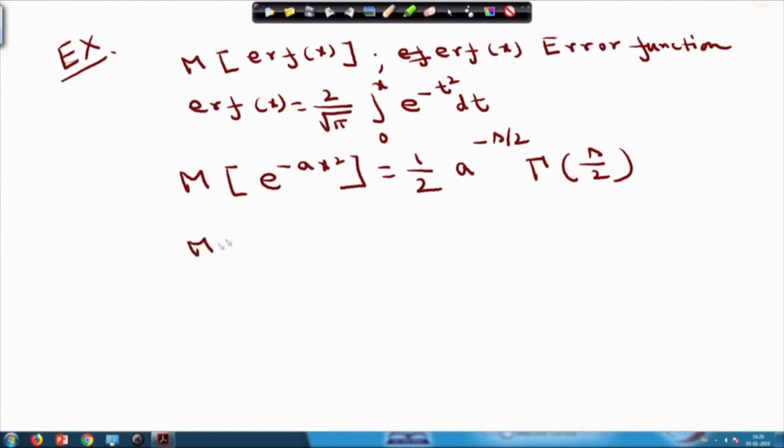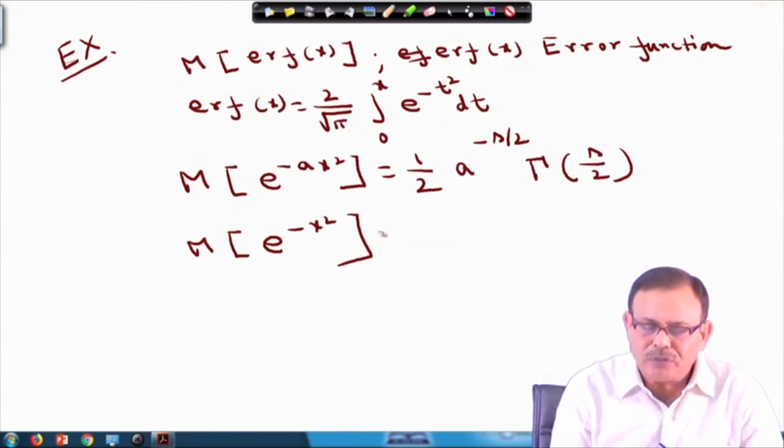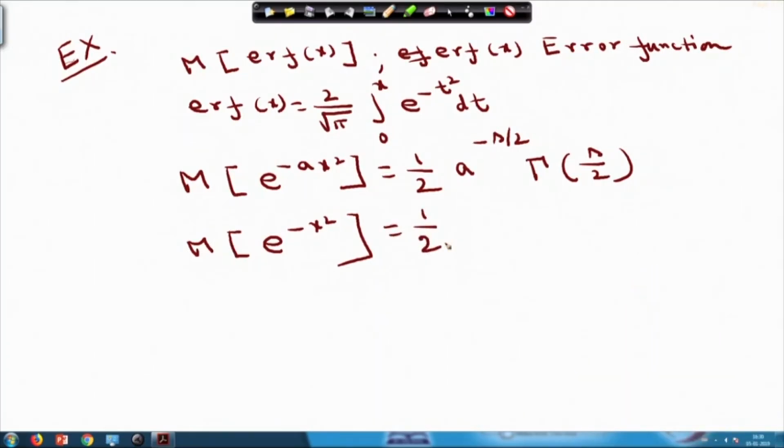So, from here you can write down Mellin transform of e power minus x square. As I was telling you, in the ERF function it is given 0 to x e power minus t square. So, we are interested to find out the Mellin transform of e power minus x square. Since we know it, from here you can write down Mellin transform of e power minus x square.